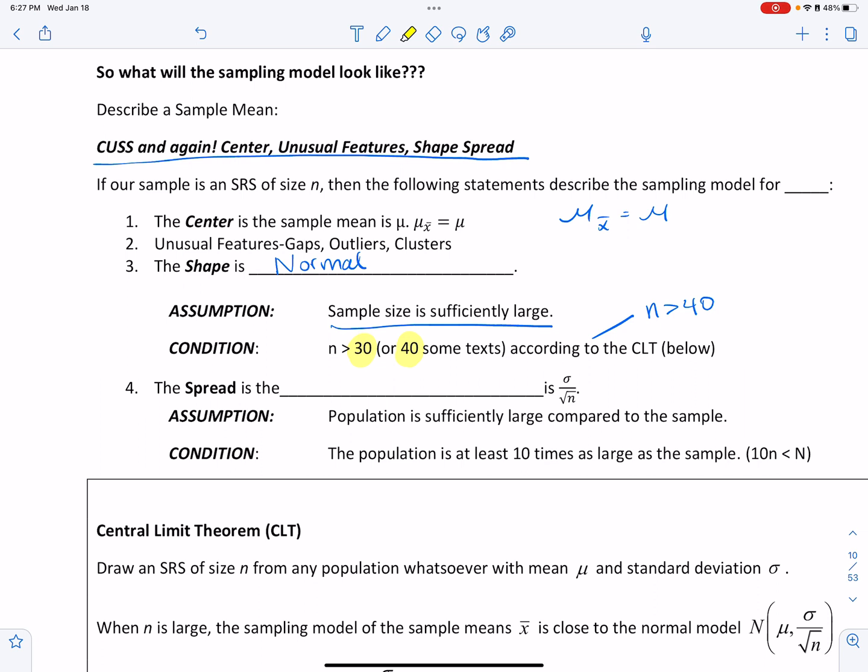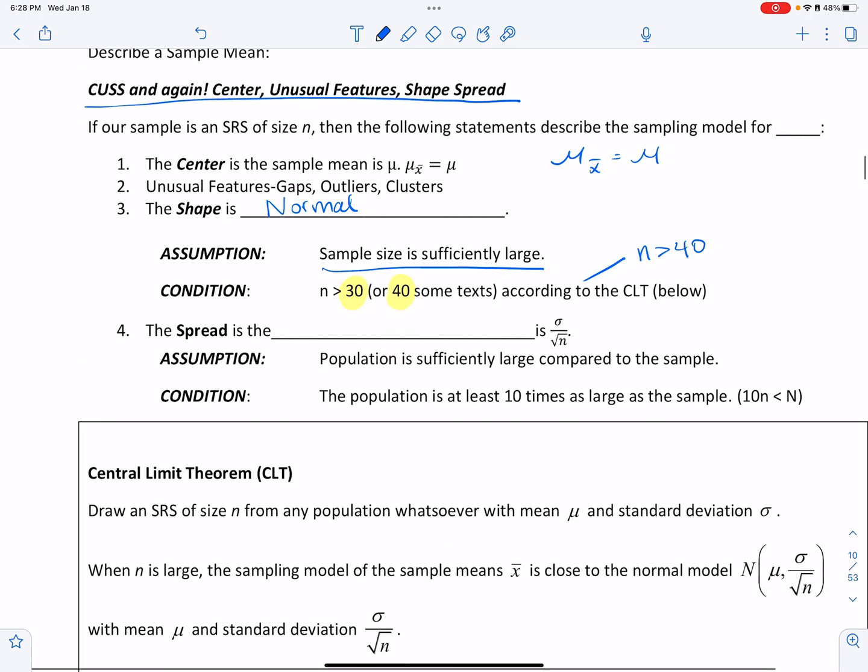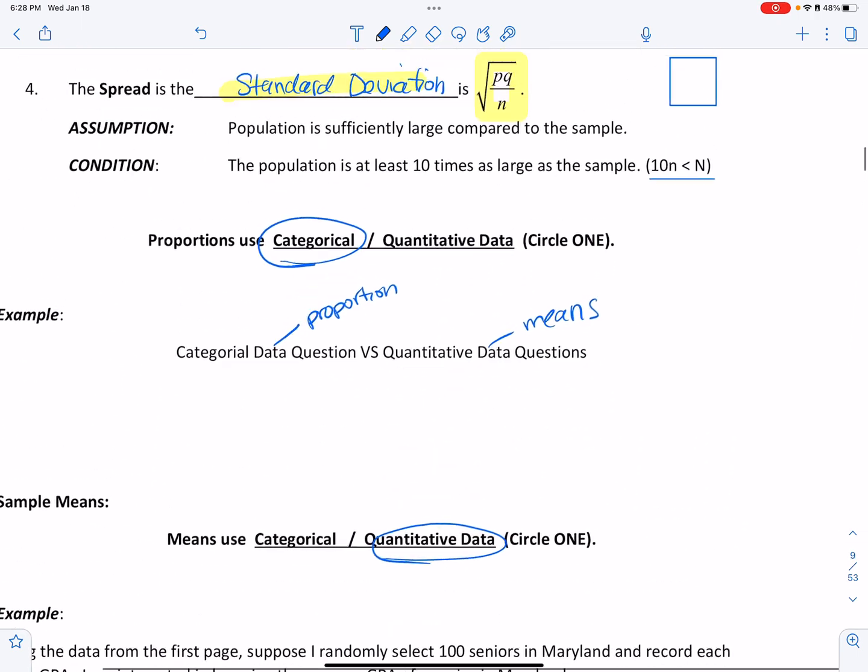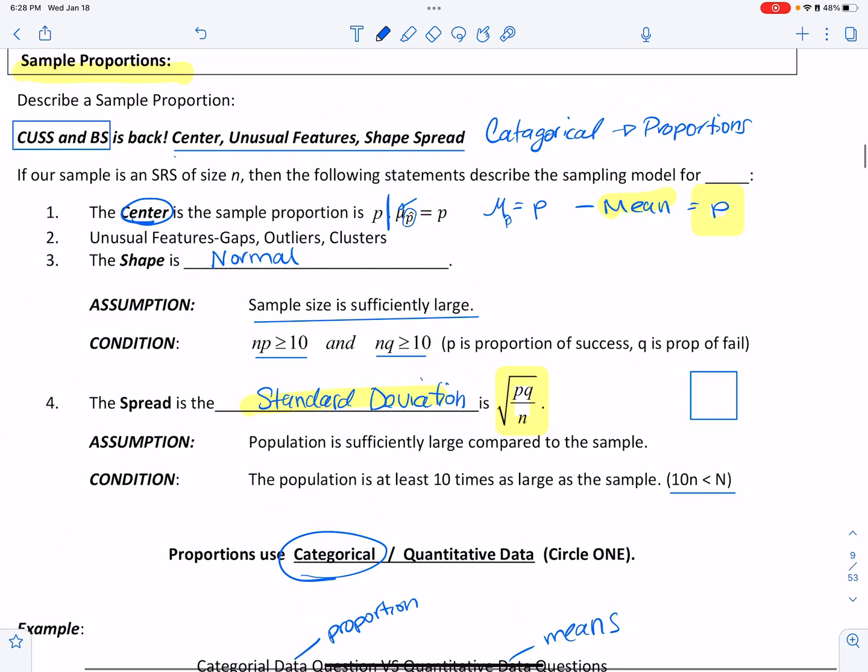But the minimum is 30 when we're actually in our books. You can use 30 in order for me to say the sample is sufficiently large for normality. So with means, I use 40. With proportions, I use NP and NQ greater than 10.